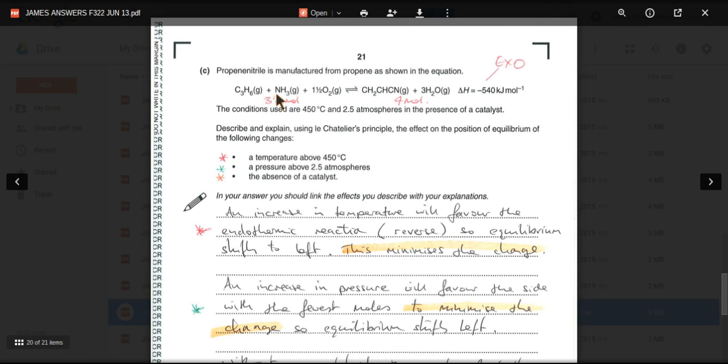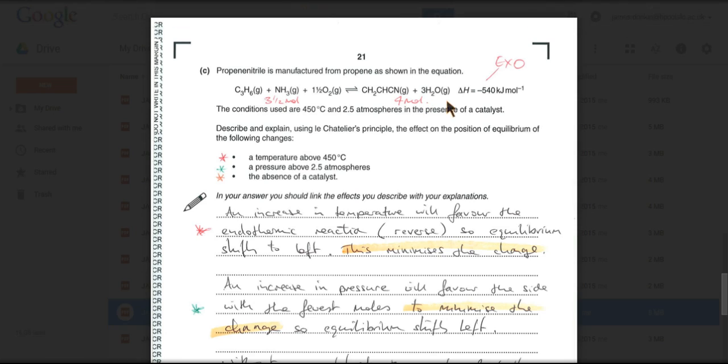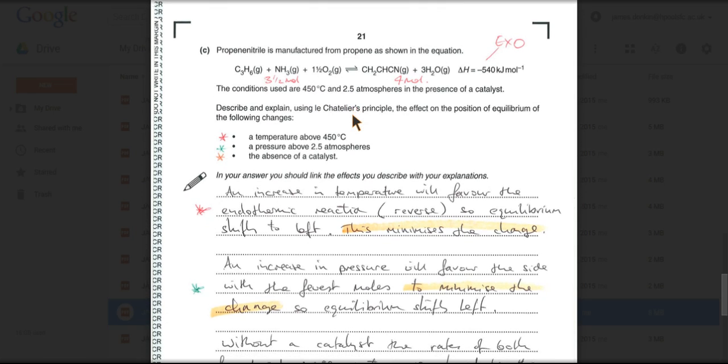So we've got 3.5 moles of gas on the left, and we've got 4 moles of gas on the right, just in case they ask us about pressure, as they often do. And the delta H is minus 540, so that means it's exothermic, going in the forwards direction. And we're told the conditions used are 450 Celsius and 2.5 atmospheres, and there's a catalyst present.